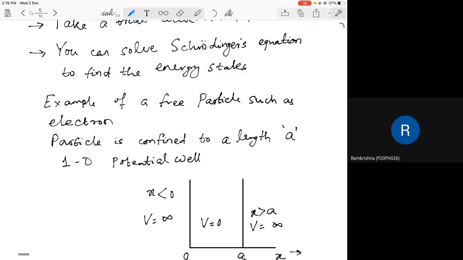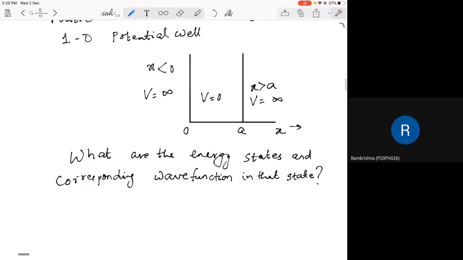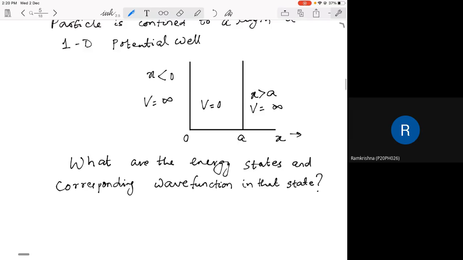One of the most basic problems you might have solved quite a number of times is, let's say, I put a particle or an electron in a box in one dimension. It is one of the simplest problems in quantum mechanics. Now let's say the particle is confined here in this box.